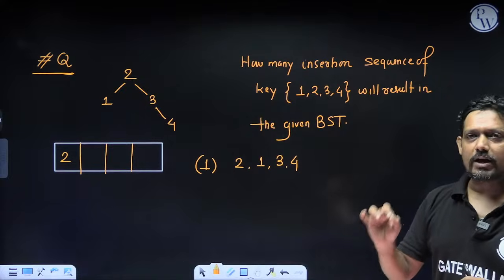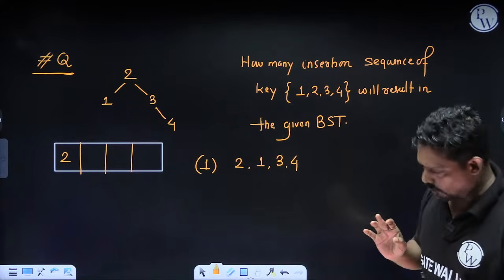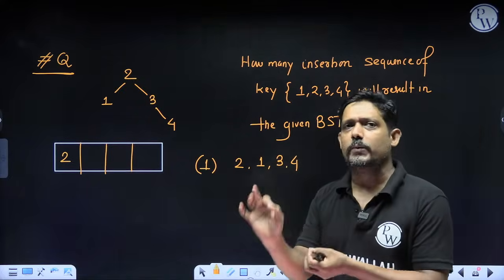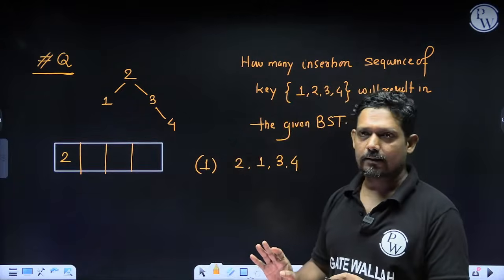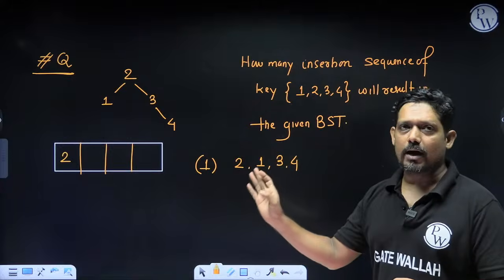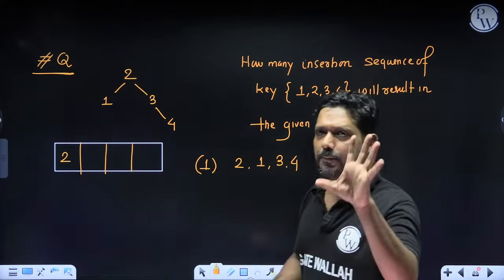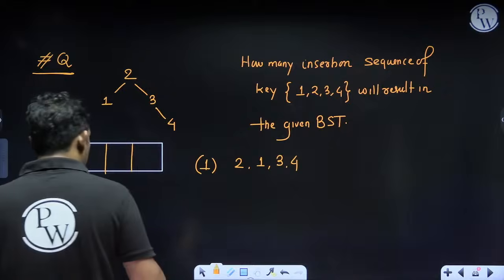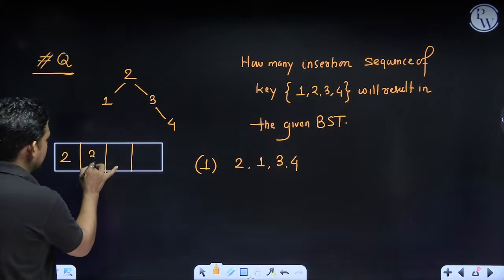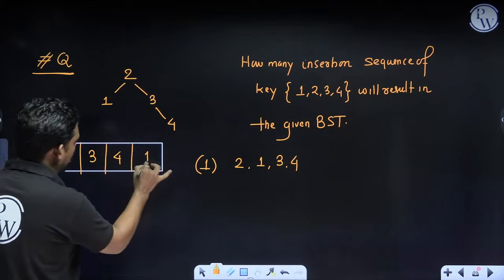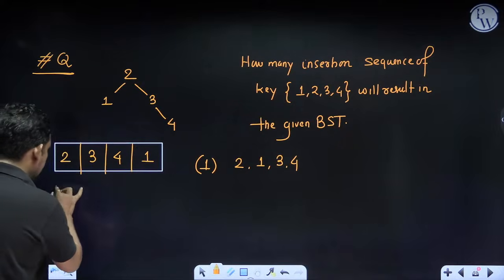No, it is not possible that 4 will come before 3. So 3 should come before 4, right? If it is not possible, then here I can write 3, 4 and then 1.